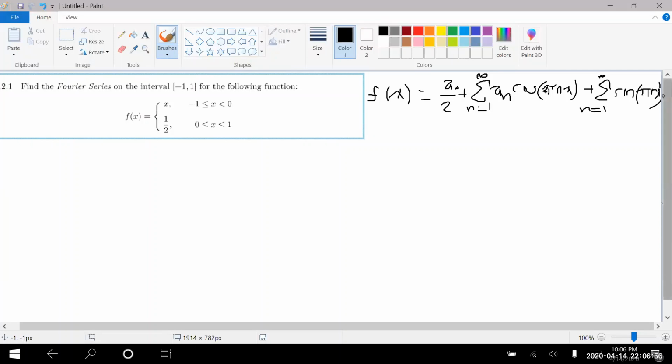Okay, we all know what that says. So that's the base format of what your Fourier series representation is going to look like.